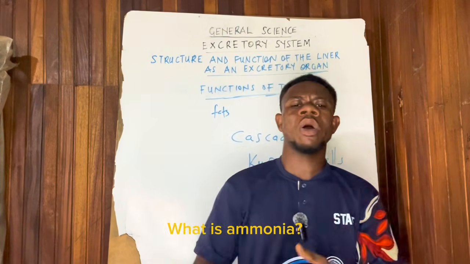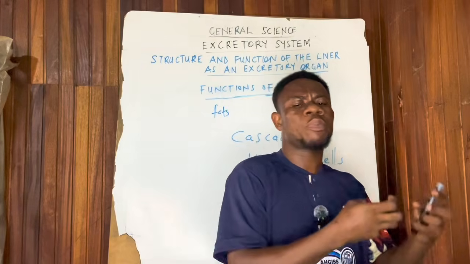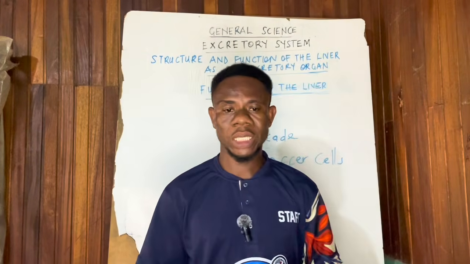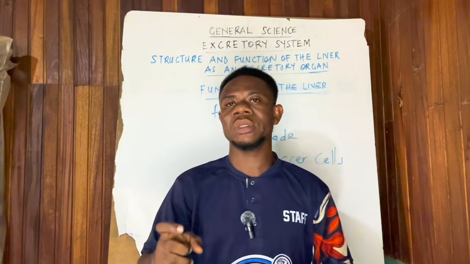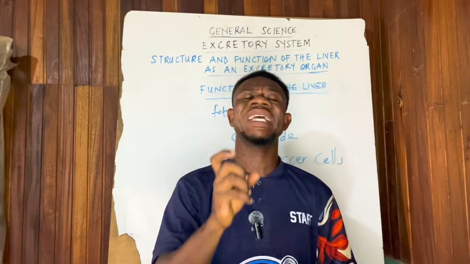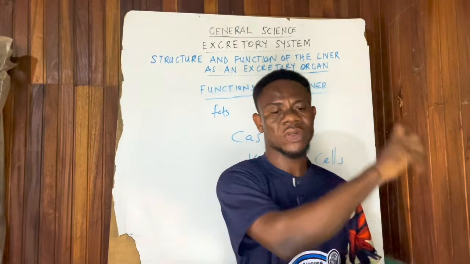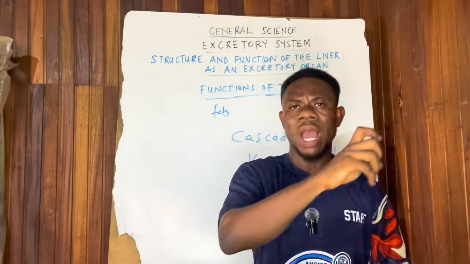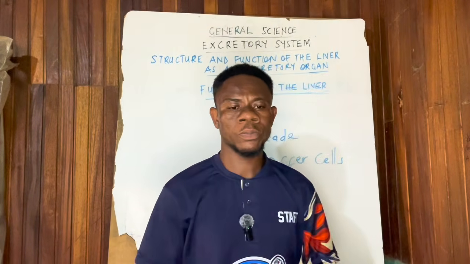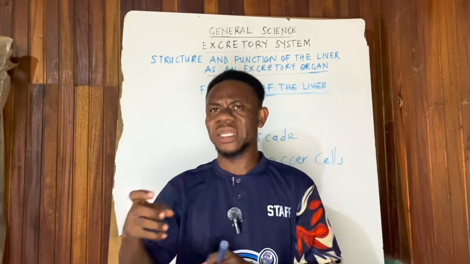Ammonia is a toxic byproduct of protein metabolism produced throughout the body, especially in muscles, and it is highly toxic to the nervous system. In our previous video, I talked a little bit about the nervous system. Now, how the liver handles it.